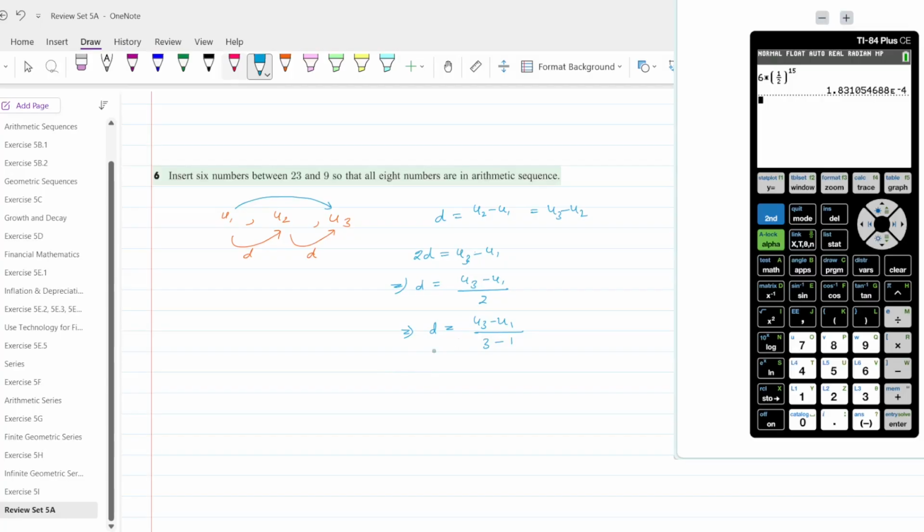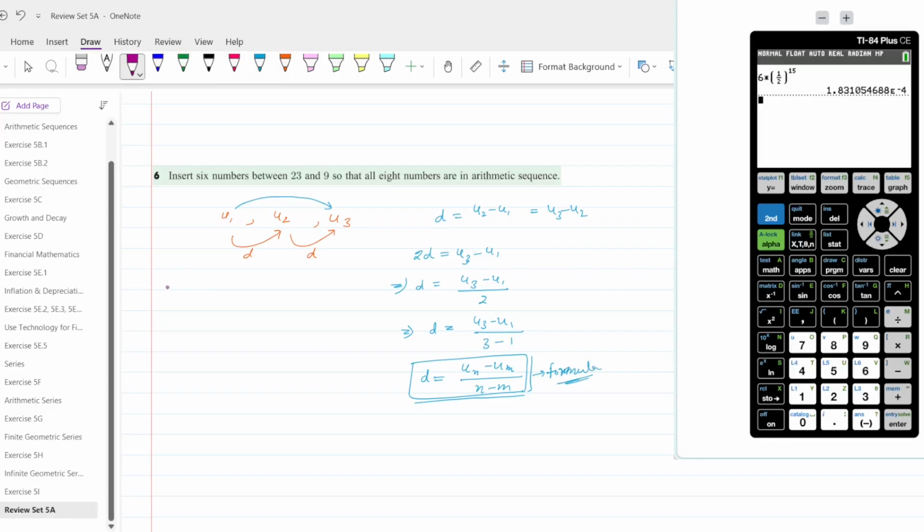If we generalize this, we can say common difference can be written as nth term minus mth term divided by n minus m. This is the general formula for calculating the value of common difference D. So this is a formula.